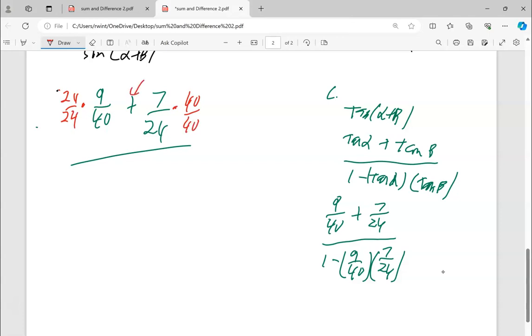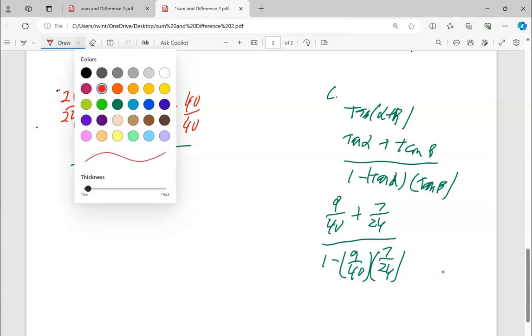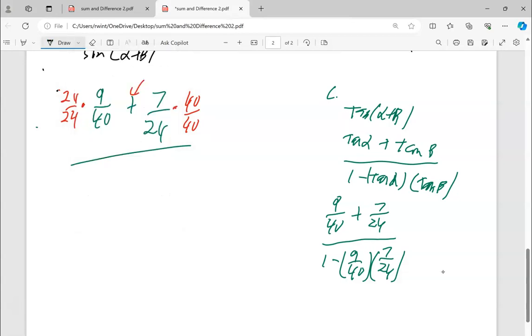So when you add, I do need common denominators. On the bottom where I'm multiplying, I really don't care. So that's going to give me 1 minus 9 times 7 is 63. And we've already established that 40 times 24 is 960.